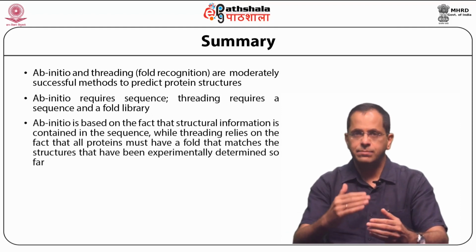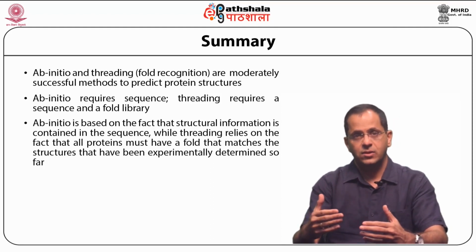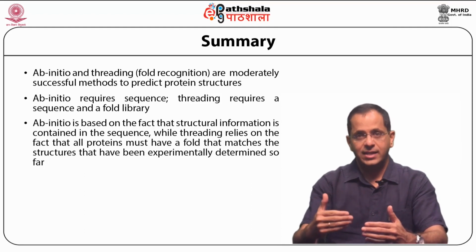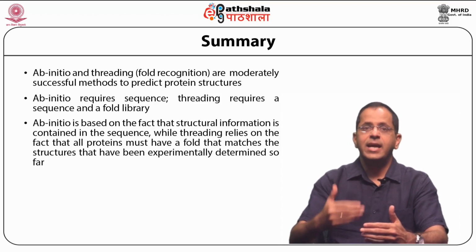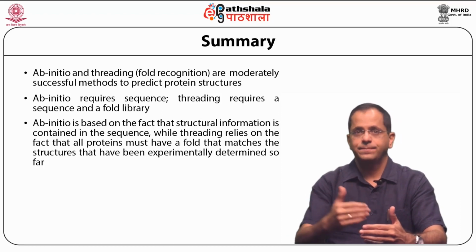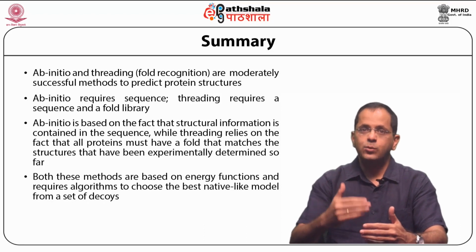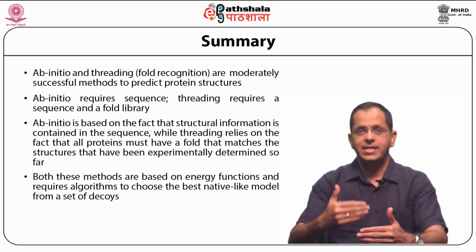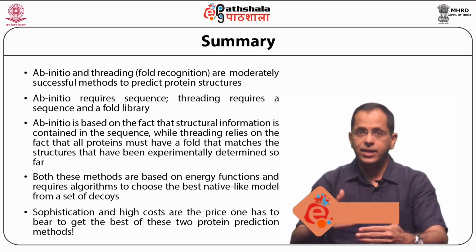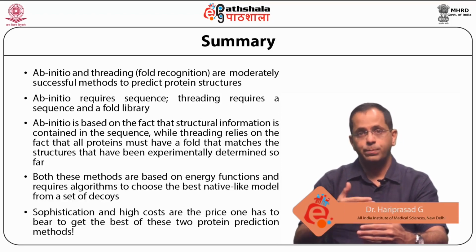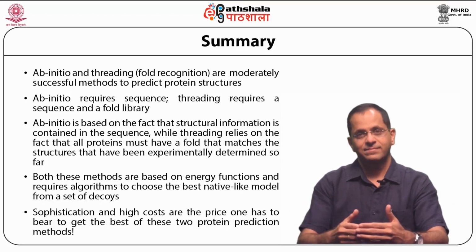Ab initio is based on the fact that structural information is contained in the sequence, while threading relies on the fact that all proteins must have a fold that matches the structures that have been experimentally determined so far. Both these methods are based on energy functions and require algorithms to choose the best native-like model from a set of decoys. Sophistication and high costs are the price one has to bear to get the best of these two protein prediction methods. Thank you so much.